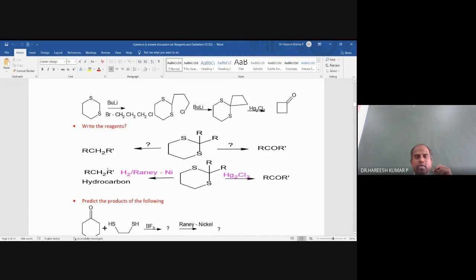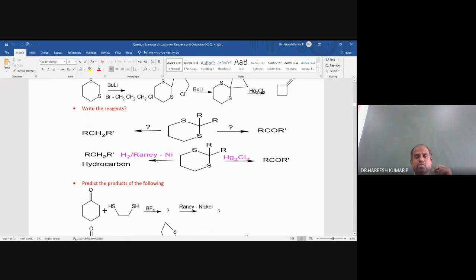And here you need to write the reagent. Before writing, observe that there is a conversion of 1,3-dithiane into a hydrocarbon. Hydrocarbon conversion means desulfurization, which means Raney nickel.